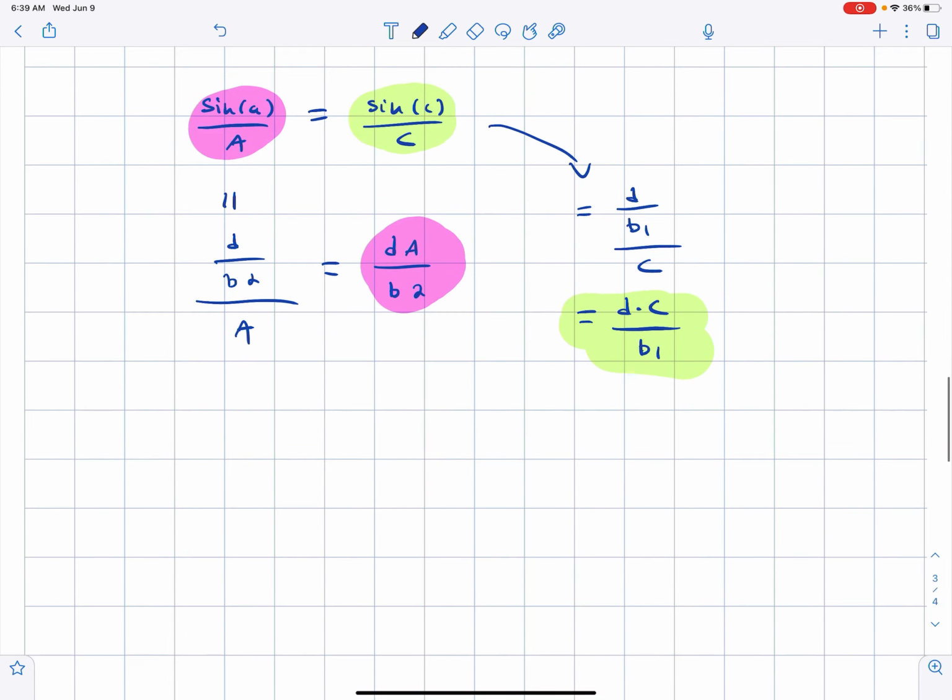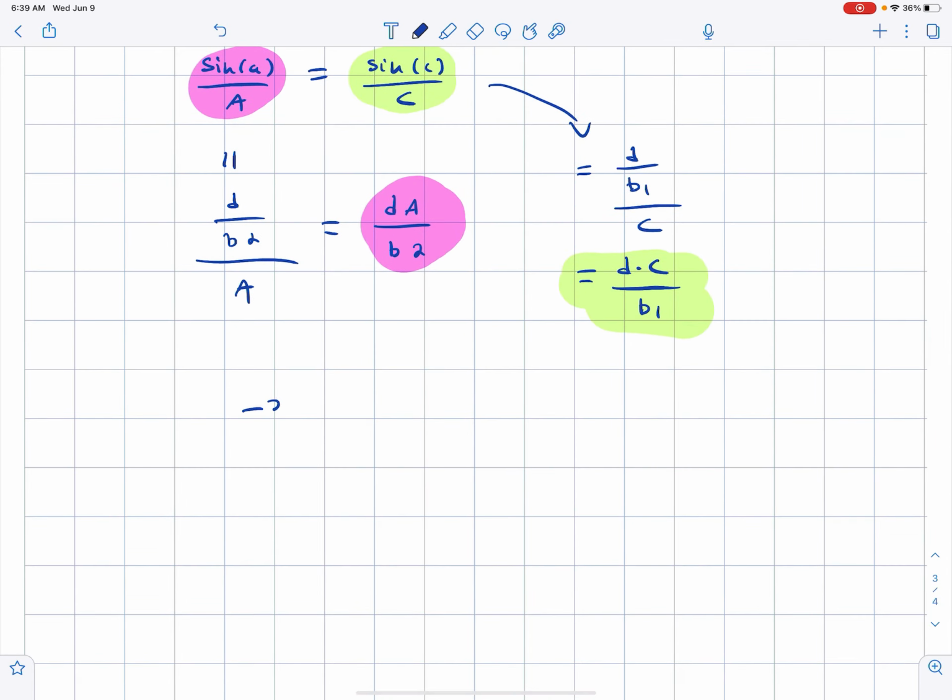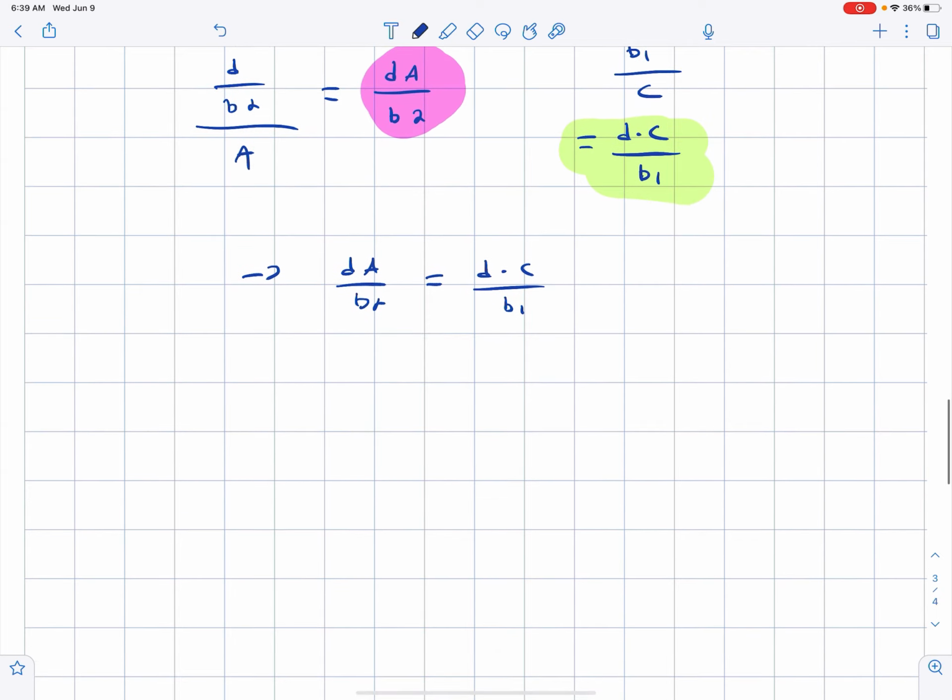And so now where do I go from here? Well, I reevaluate. I say, all right, D times A over little b2 is going to be equal to D times C over little b1 if and only if I can cancel the D's and say A over b2 is equal to C over b1.